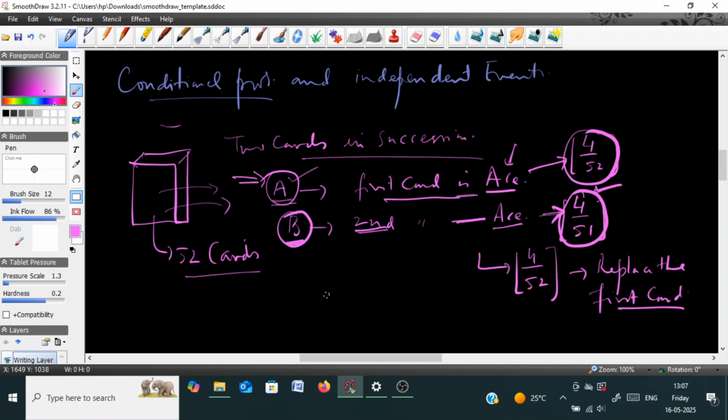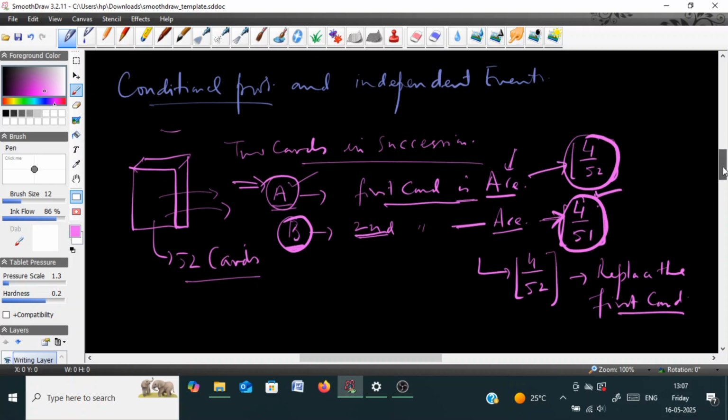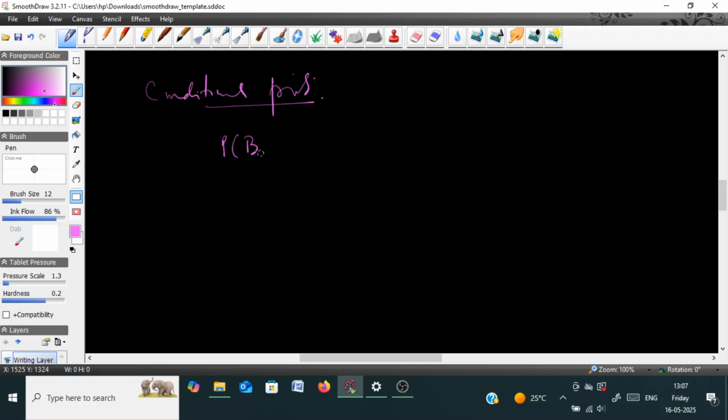So this is how we introduce conditional probability, and the same thing we will extend to random variables. Conditional probability is the probability of B given A has occurred.